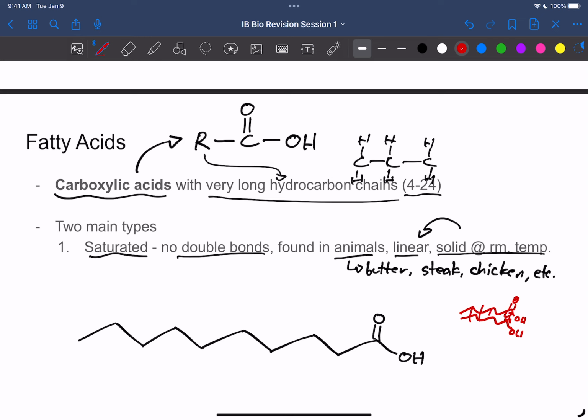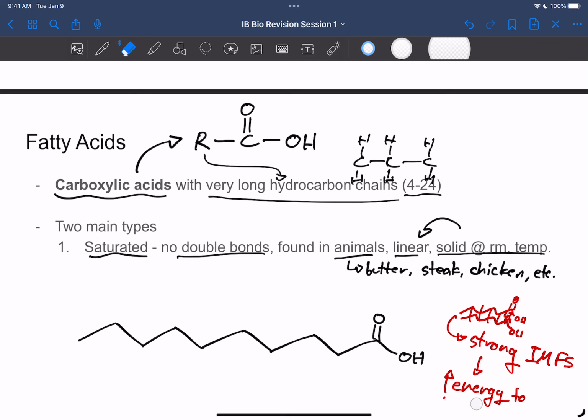So just to illustrate this, we have strong IMFs, and it takes a lot of energy to separate them. Because of this, it's solid at room temperature, which is why we have stuff like butter.